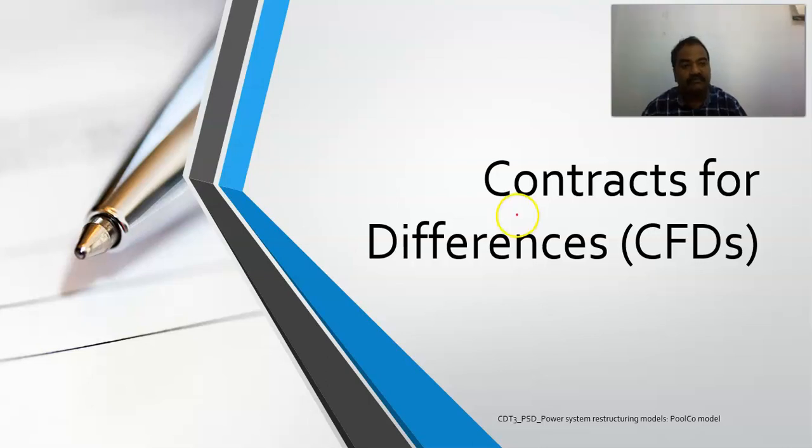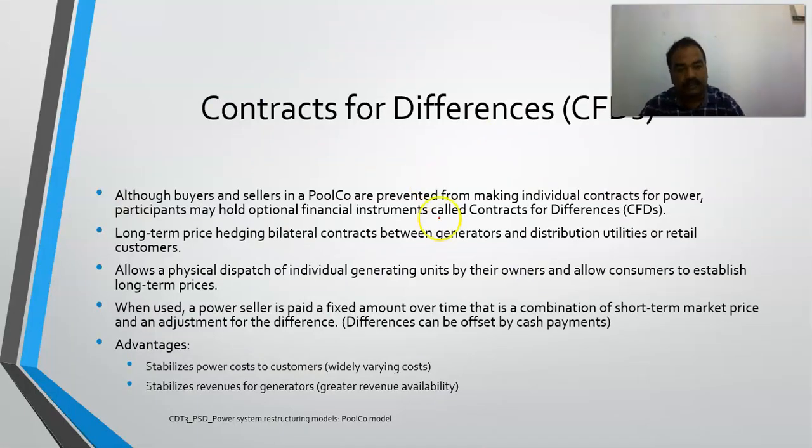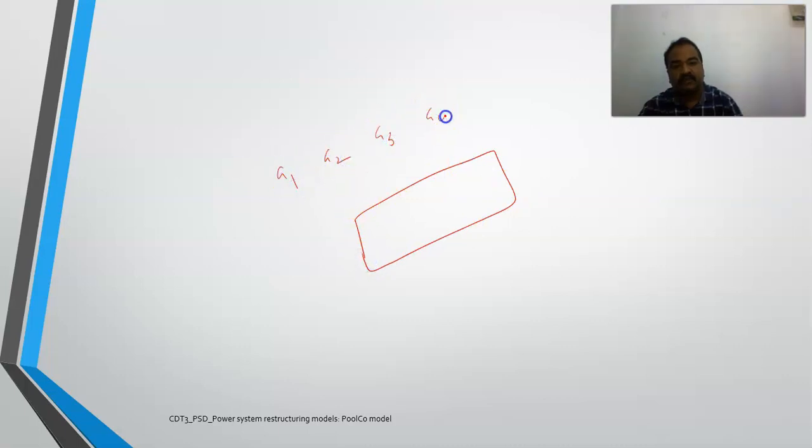Now let us suppose there is a market. I'll take a small example. There are 5 generators, each one capable of delivering 100 megawatts.